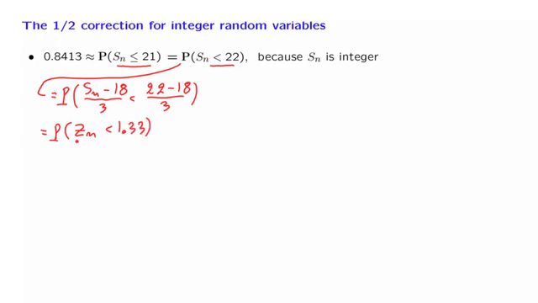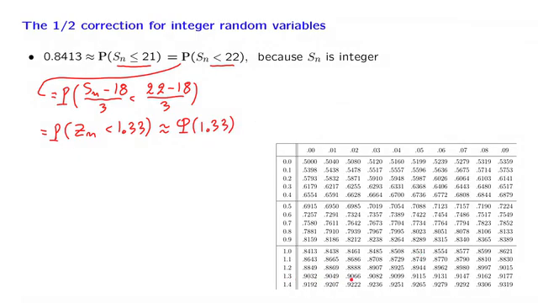Now at this point we pretend that Zn is a standard normal random variable. The probability that the standard normal is less than a certain number is the standard normal CDF evaluated at that number. And then we look up at the normal tables at 1.33 and we find this value of 0.9082.